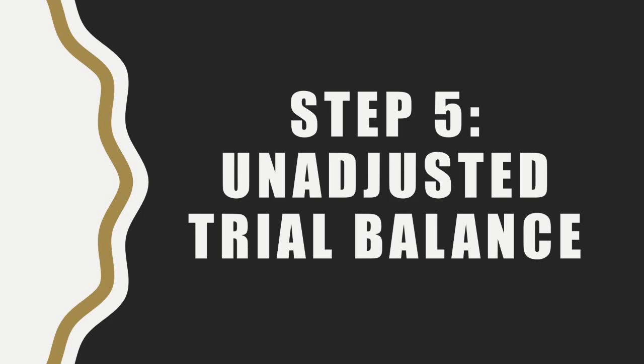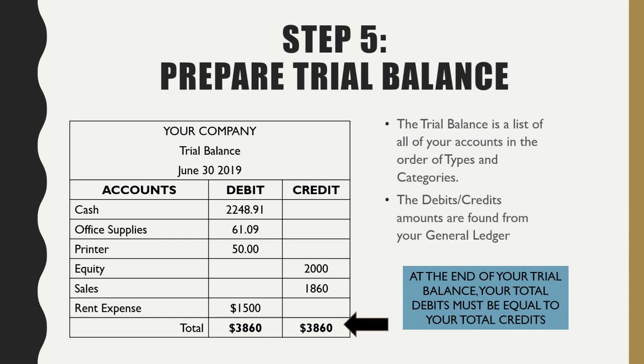So, of course, step number 5 is to complete the unadjusted trial balance. For our company, Coffee Cafe, we've only done so far up to the 28th. My goal is that we are planning to complete the accounting cycle at the end of every month.